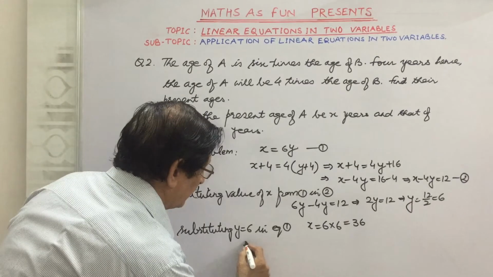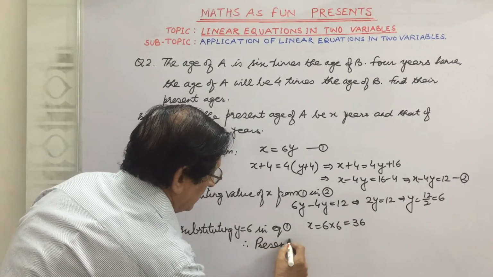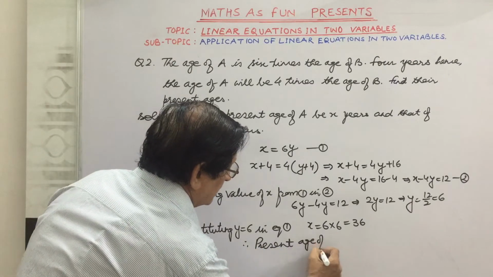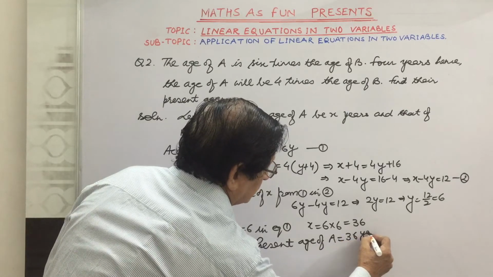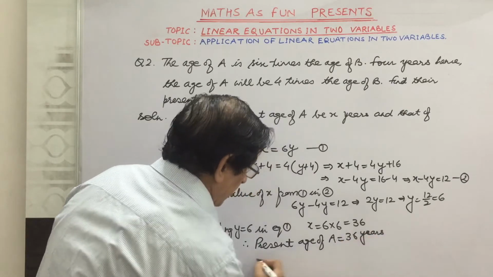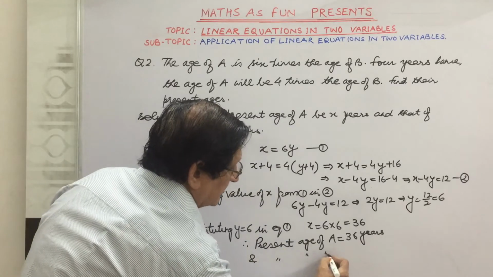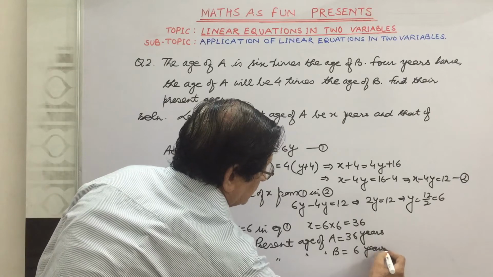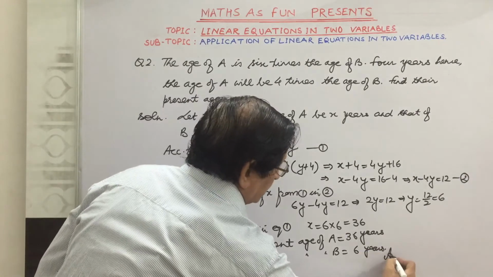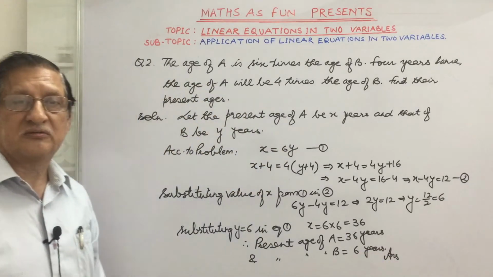So we can write, therefore, present age of A is equal to 36 years and present age of B is equal to 6 years. And that becomes the solution of this.